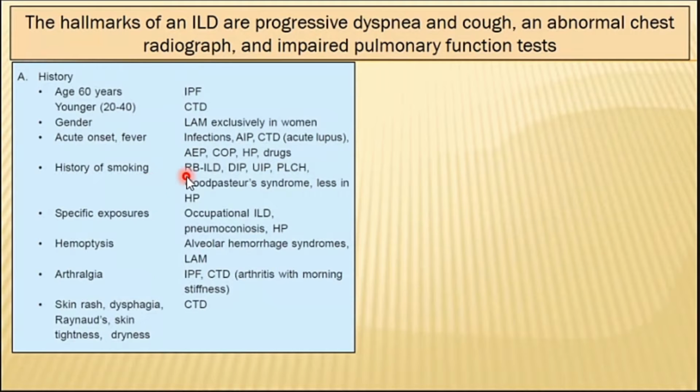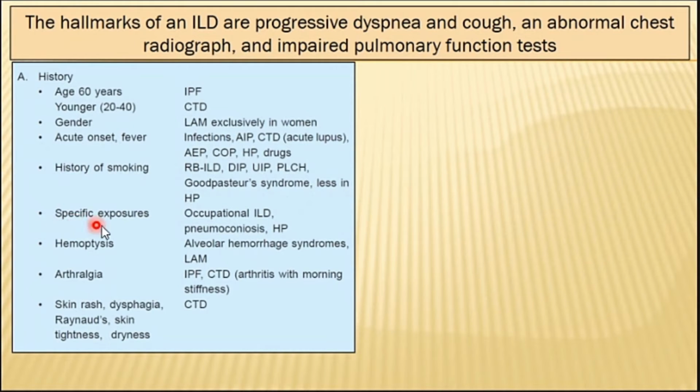Smoking-associated ILDs, your RBILD, DIP, UIP, PLCH. So UIP meaning also IPF. Okay, Goodpasture syndrome. And interestingly, smoking is associated with a lower incidence of hypersensitivity pneumonitis. So it is negatively associated with hypersensitivity pneumonitis.